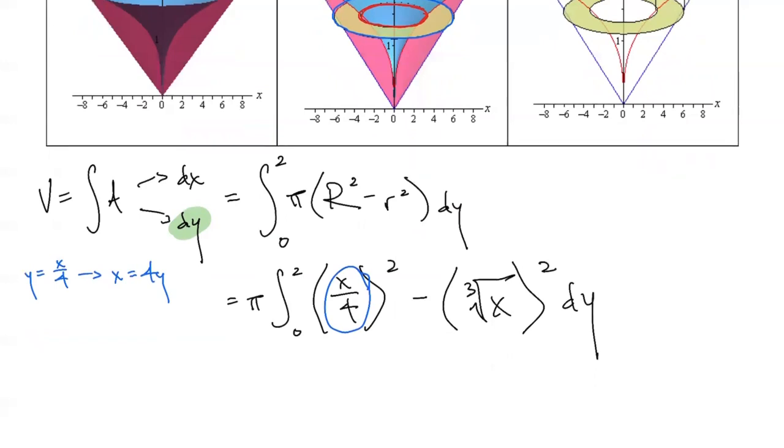My other equation was y equals the cube root of x. What does that mean x equals? Good, I'm just going to go ahead and cube both sides. I get y cubed, and that, my friends, is going to go in for our little r.